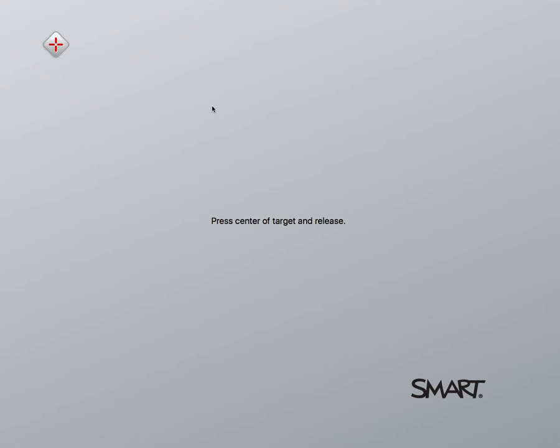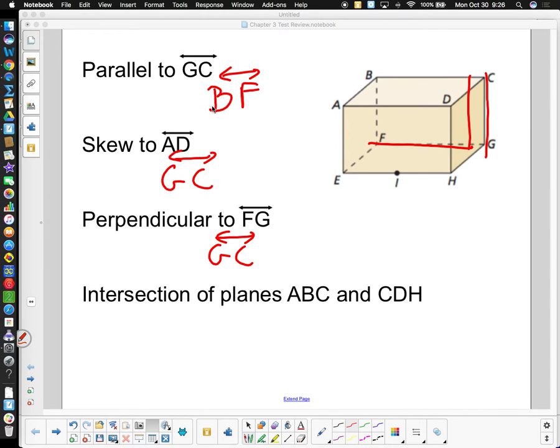Give me a second. There we go. Try again. There we go. Much better. So GC would work there. We could also do BF. We could also do HG or EF, any of those.